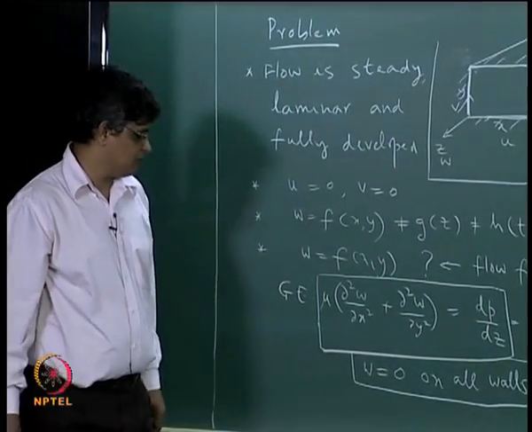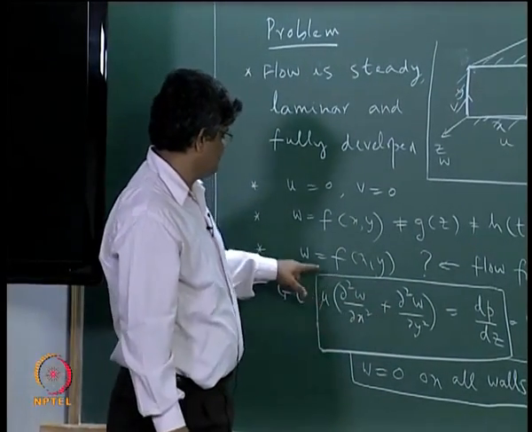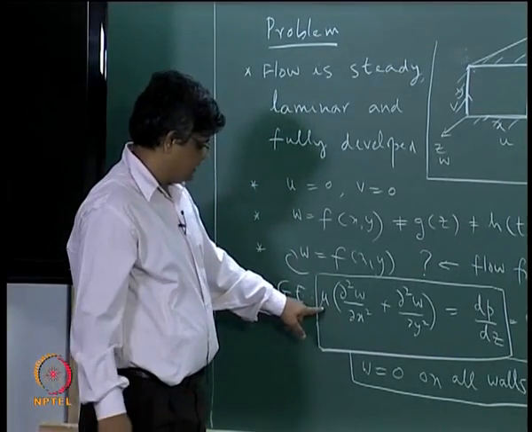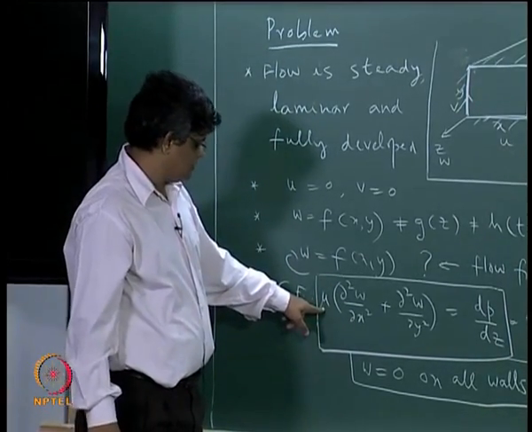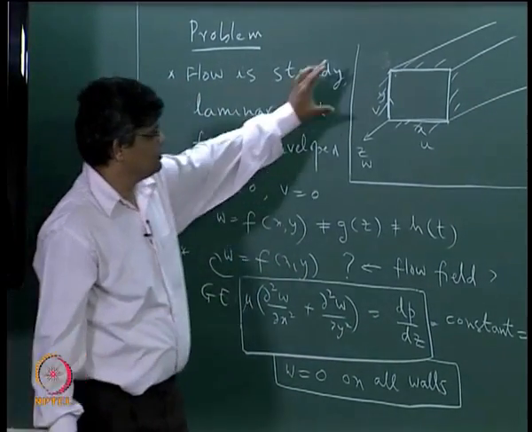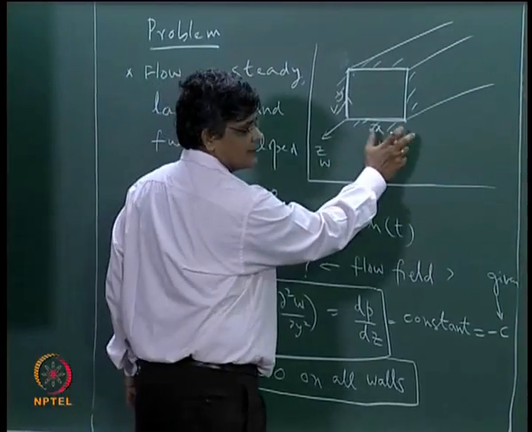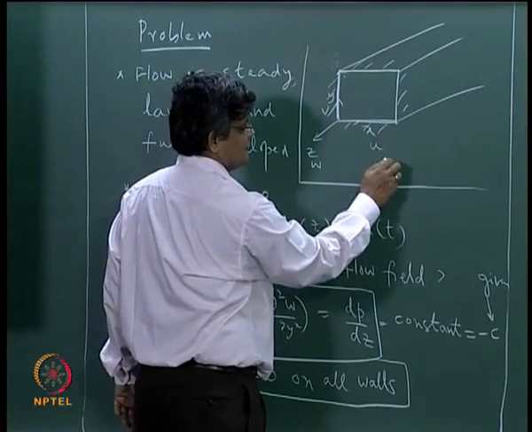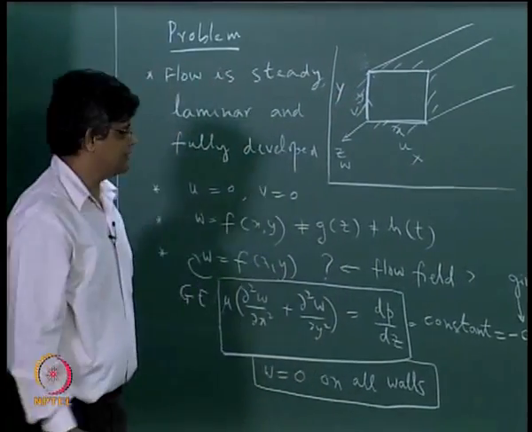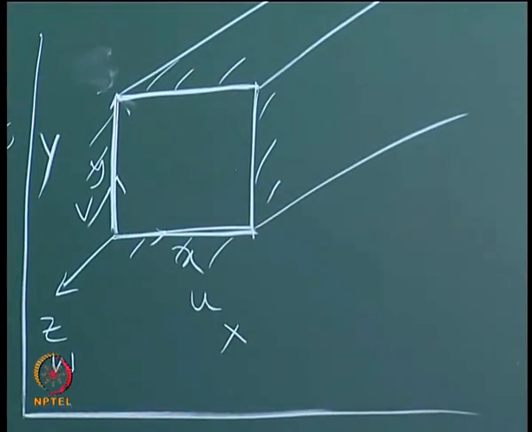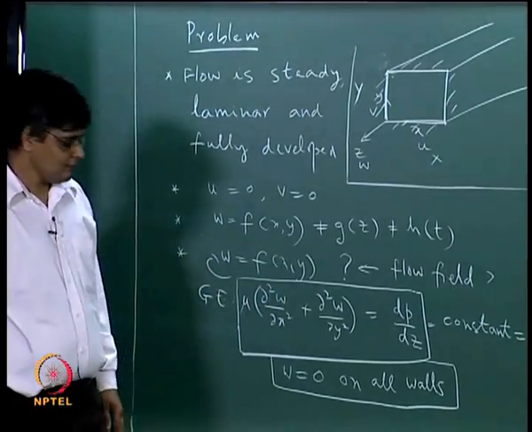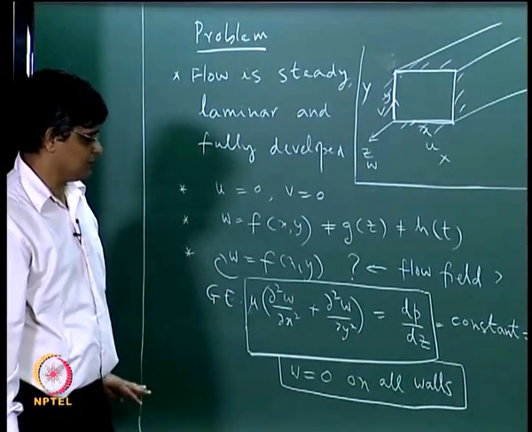Given this problem, for a given dynamic viscosity, for a given pressure gradient, and for a given domain, for example of length capital X and height capital Y, what is then the variation of W at any x and y. So this is the mathematical problem that we want to solve.